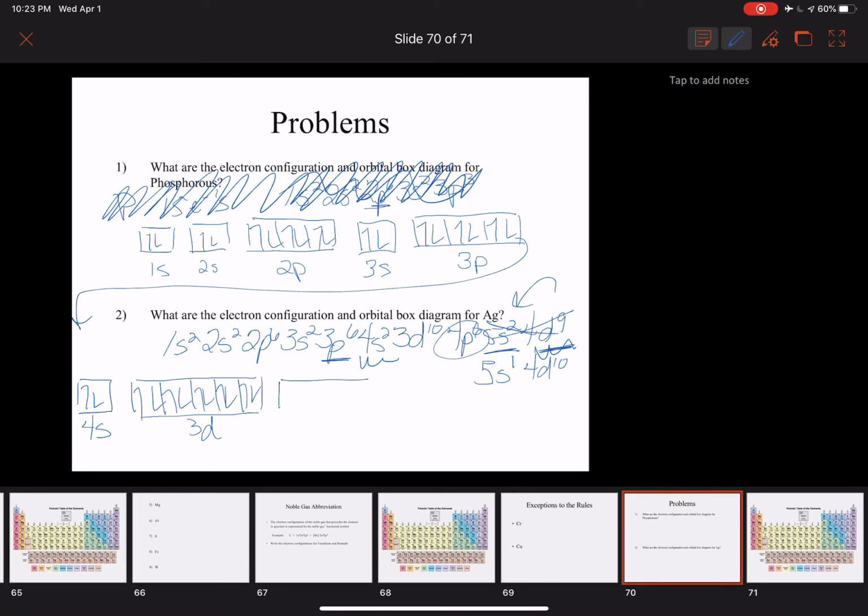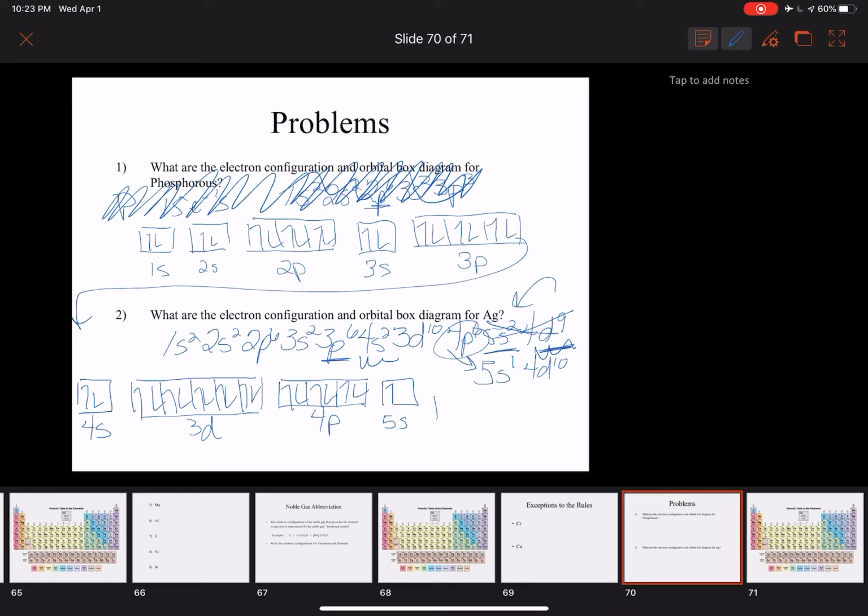The p's come in 3s. Then we're down here at 5s, and that 5s only has 1 electron in it.